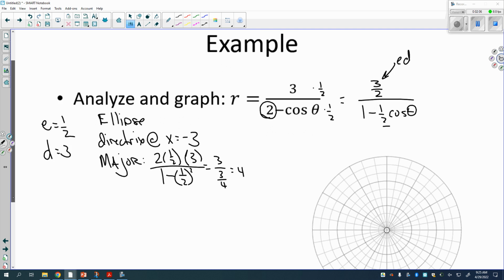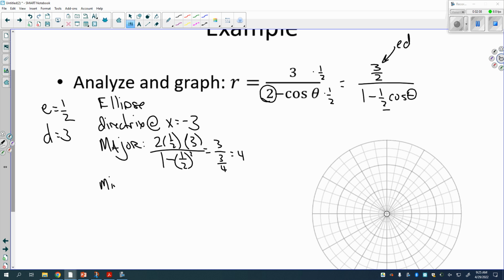I do the minor axis, which is 3 over the square root of 3/4. That's 3 over √3 over 2, which is 6 over √3, or it's going to end up being 2√3, which is approximately 3.4.